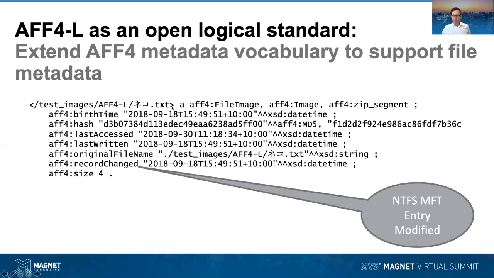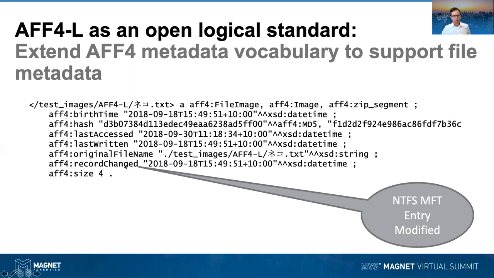But you can see here in the metadata that we've preserved, we've got the birth time, the last access, and the last written. We're preserving the original file name as well, just in case we've had to change our unique identifier. We've also got the record changed here, which would be equivalent to the NTFS attribute.